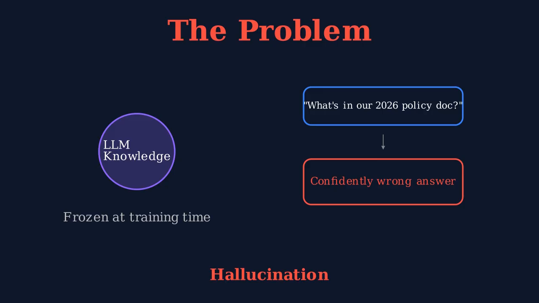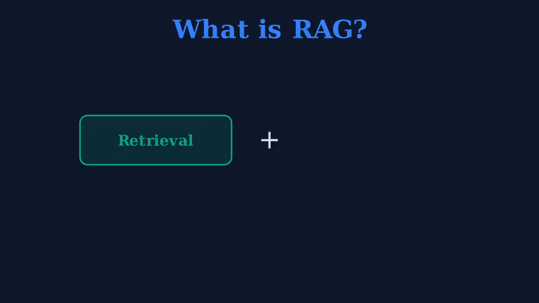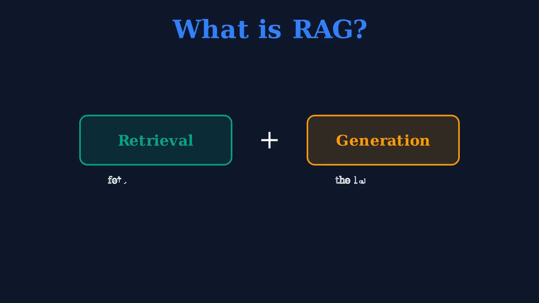To solve this problem, we have Retrieval Augmented Generation. Let's do the definition. Retrieval Augmented Generation solves this problem by combining two things: a retrieval system that fetches relevant facts from external sources, and a generation system, the language model that writes the final answer.